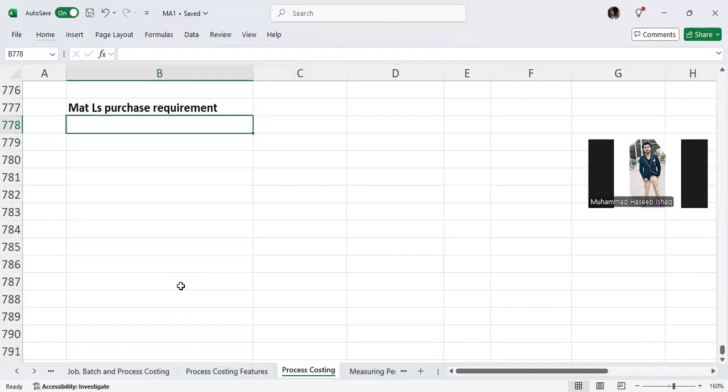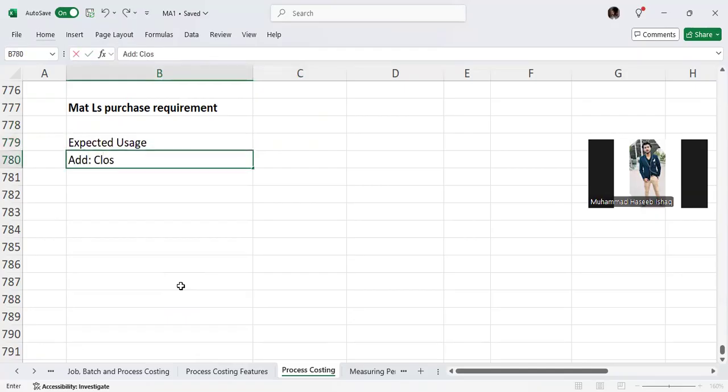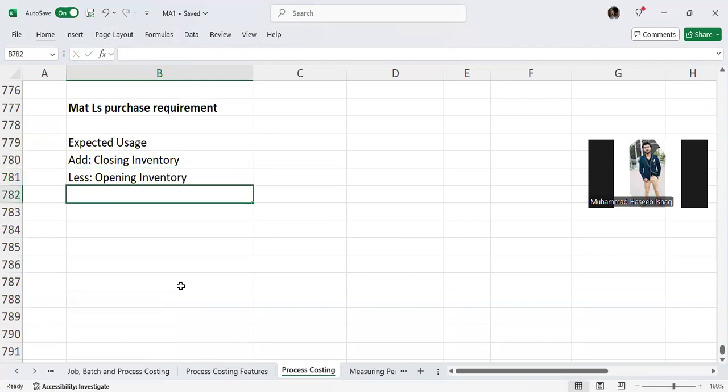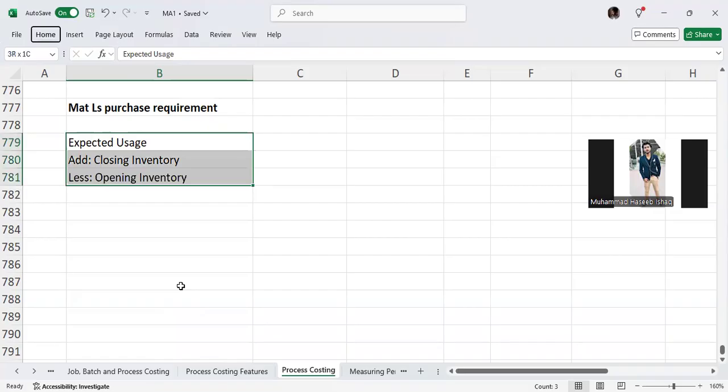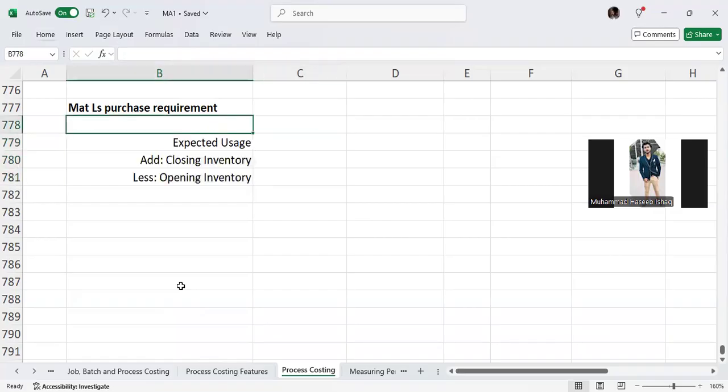If you remember the formula for the purchase requirement, first we have to calculate the expected usage, and then we add the closing inventory, because of course we do not want to run out of inventory once the period has ended. Every business maintains a closing inventory requirement. Then we deduct the opening inventory, because opening inventory is already present, so we don't have to purchase it.